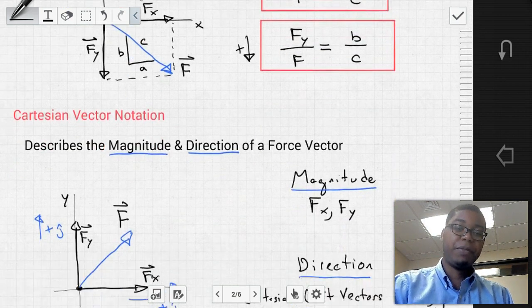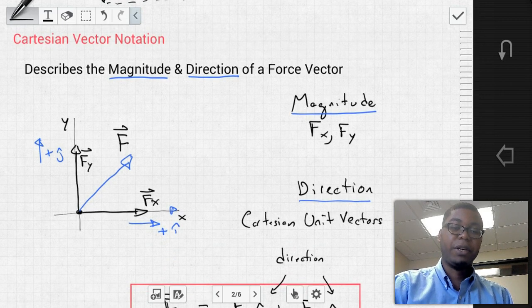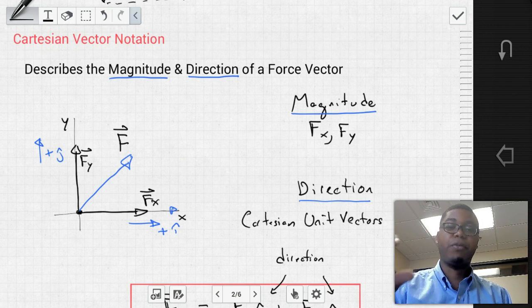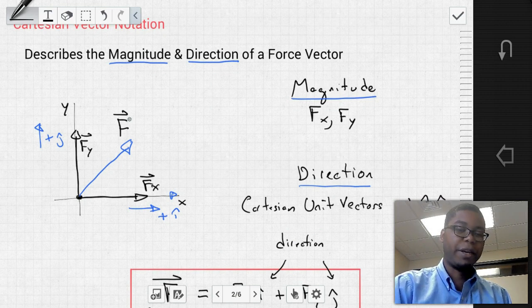Now Cartesian vector notation is different from scalar notation because it describes both the magnitude as well as the direction of a force vector. So for instance, say we're given some force vector F in an xy coordinate system, and we decompose it into Fx and Fy components.